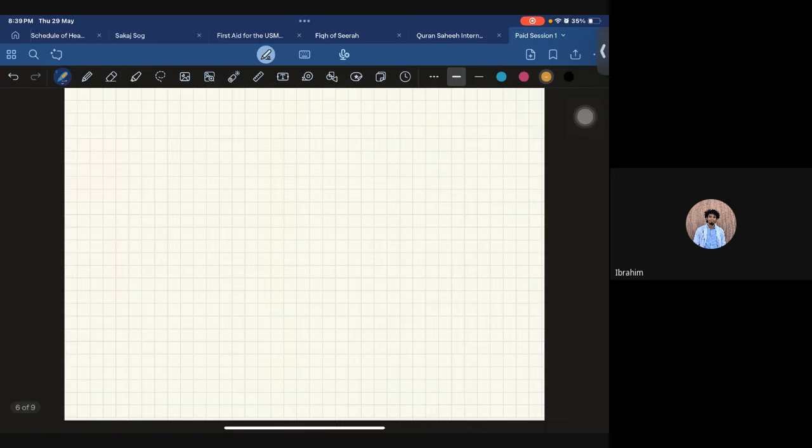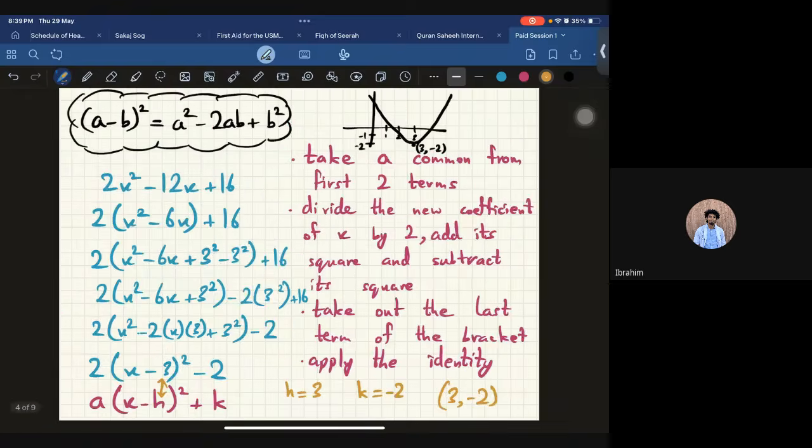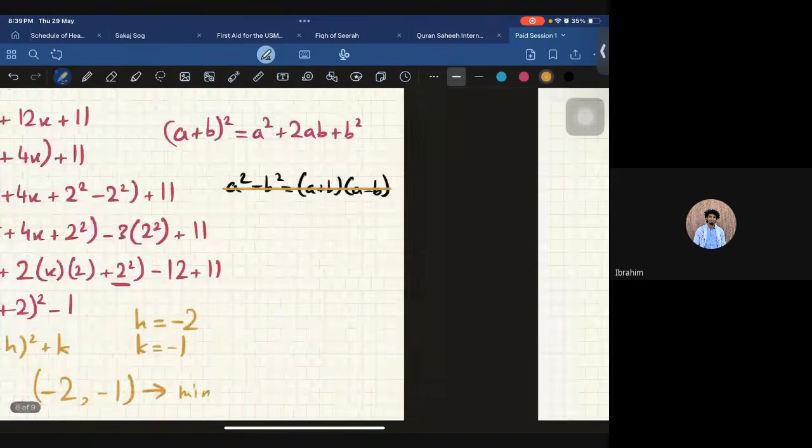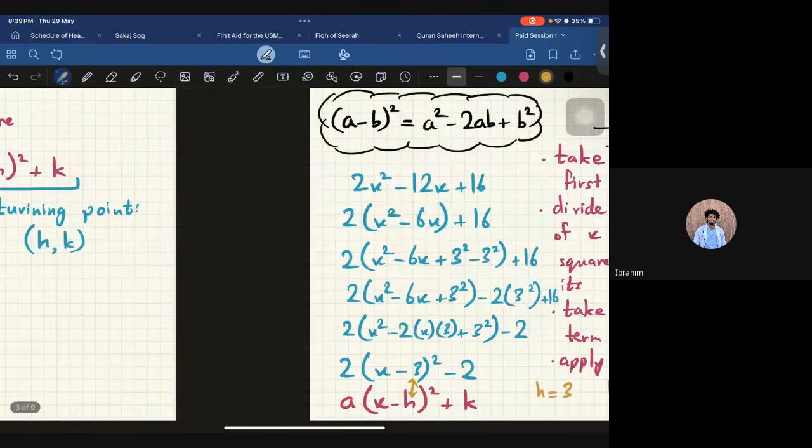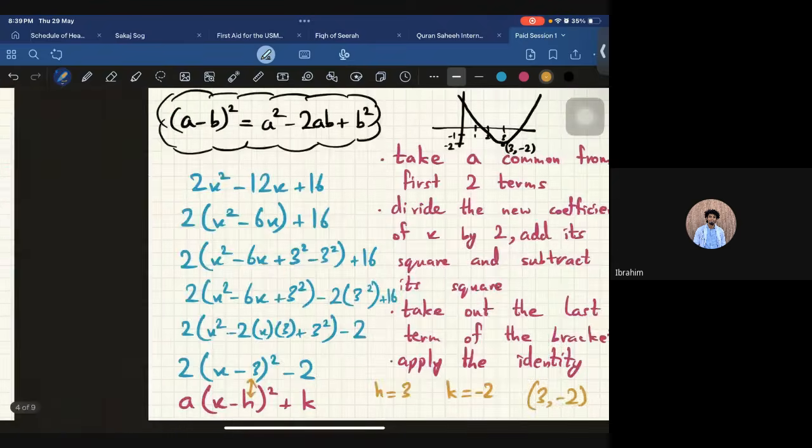Now going over the second method. So we'll use the same equations and use the second method, so that we can also tally if we're doing it correctly.